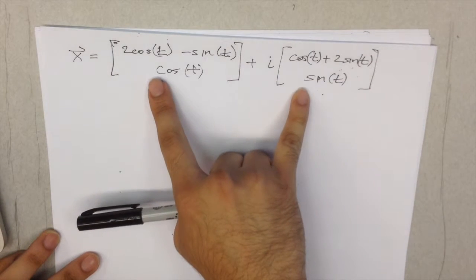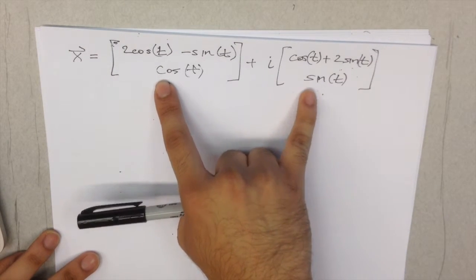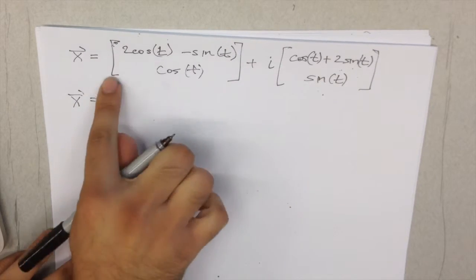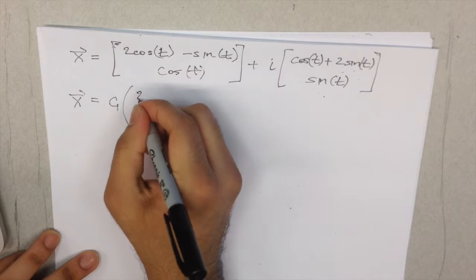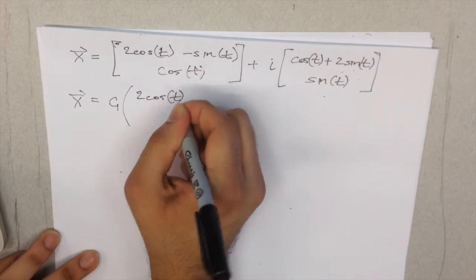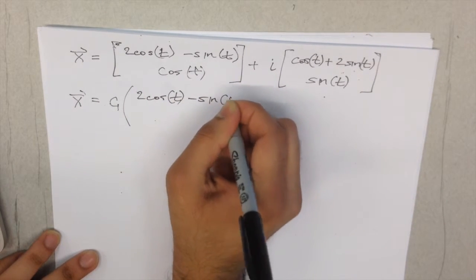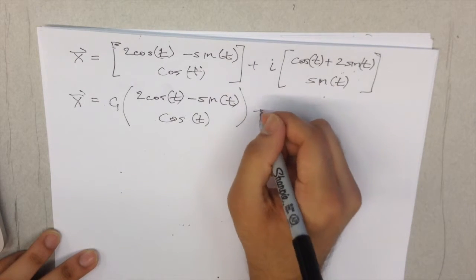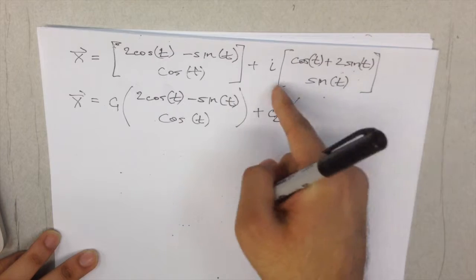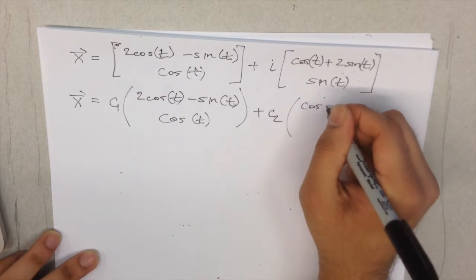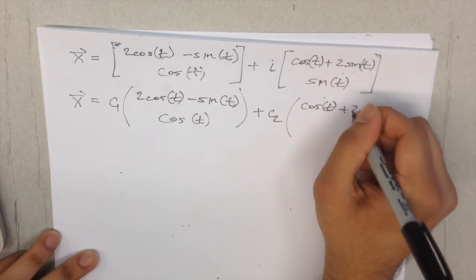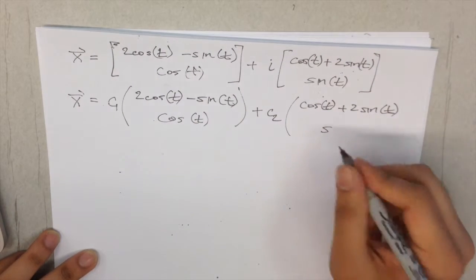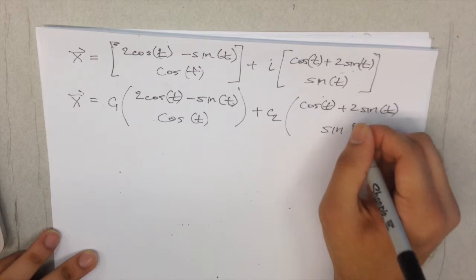Here again, I separate the imaginary and the real components. So my answer is C1 times this real component, 2 cosine t minus sine t, cosine t, plus C2 times this imaginary component. Remember, this is all because our solutions need to be real.